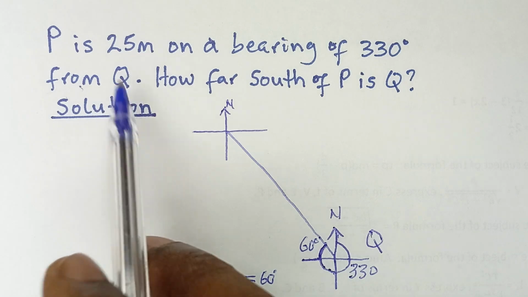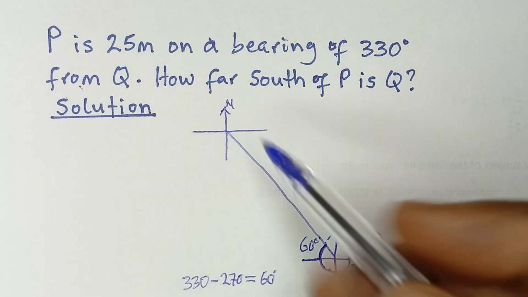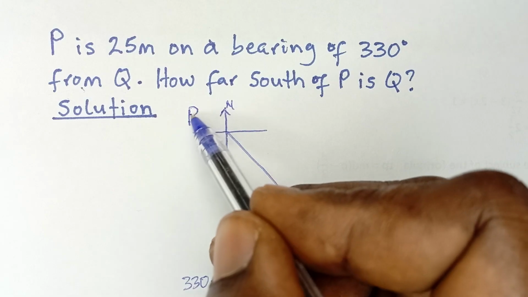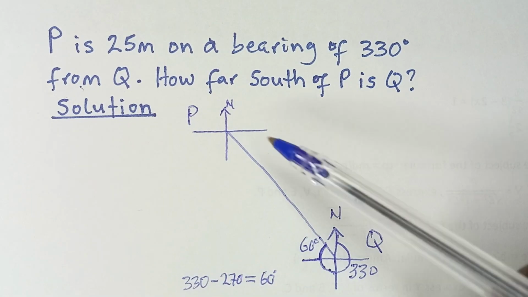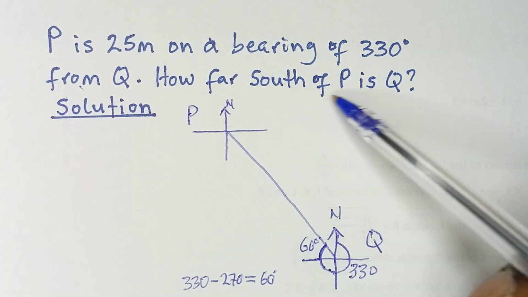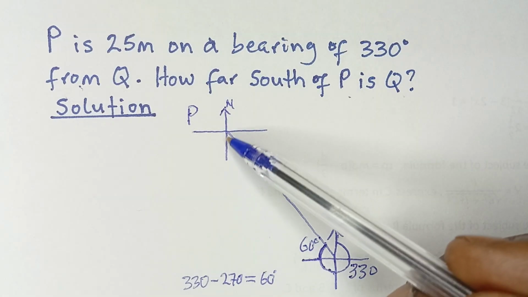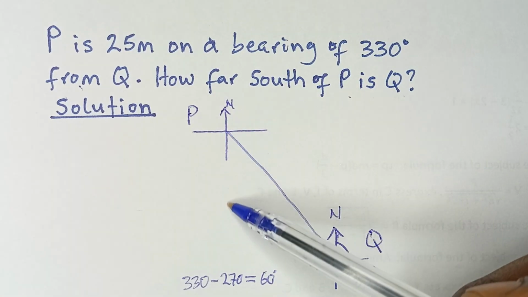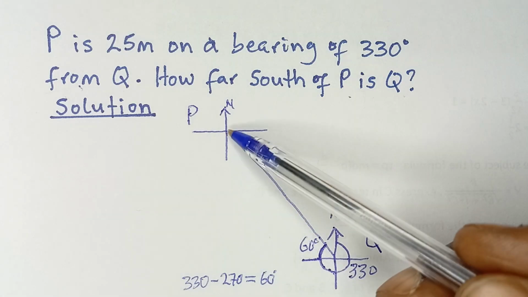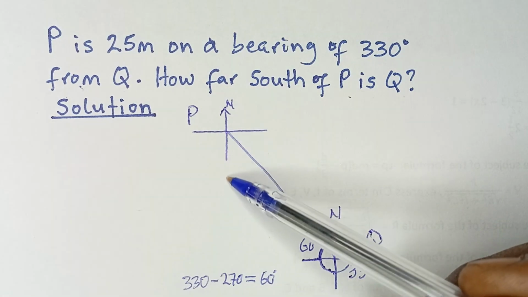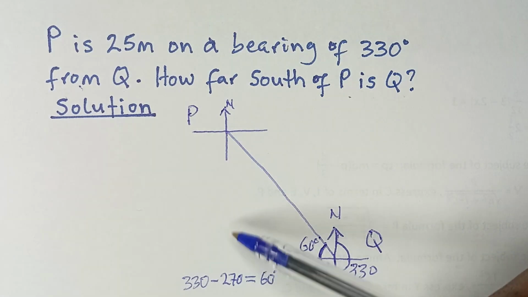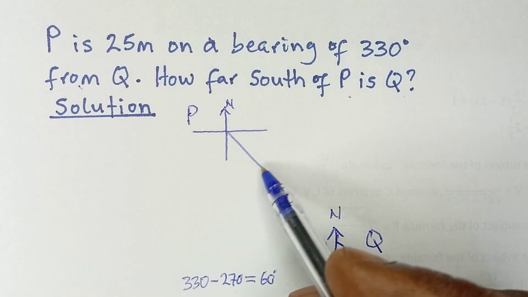So we have measured from the point Q, and then this part is our point P. So the question is saying, how far south of P is Q? So south of P is exactly this south line, this south pole line. So how far south of P?